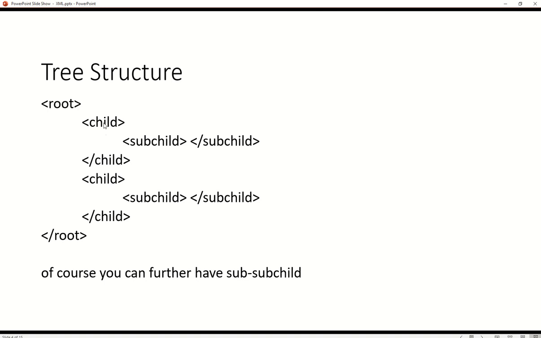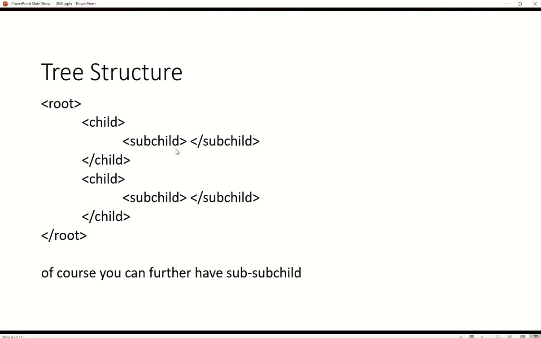Then we have a child. The next level down is child, or children, if you have multiple children. And here you can see there's two, but you can actually have as many as you like. And then the child would have subchilds, and these subchilds are likened to fields, such as the name of the child, the age of the child, or anything you want to associate with the child.